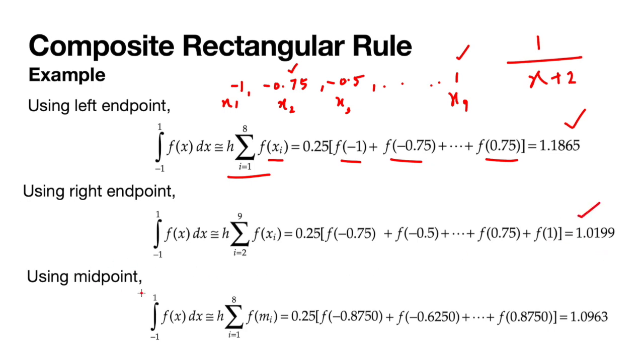Similarly, using the midpoints, you have to calculate for every midpoint, put this value in the function, and you will get the answer. So this is how we use the open methods to get the integral values.